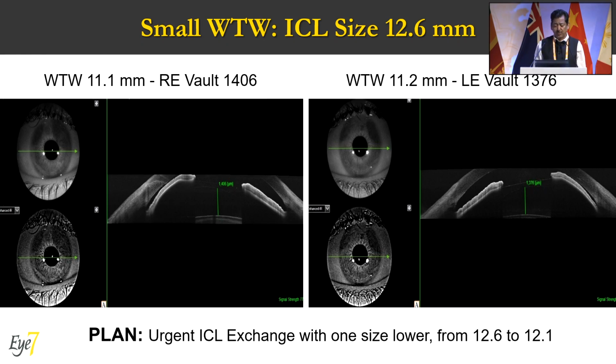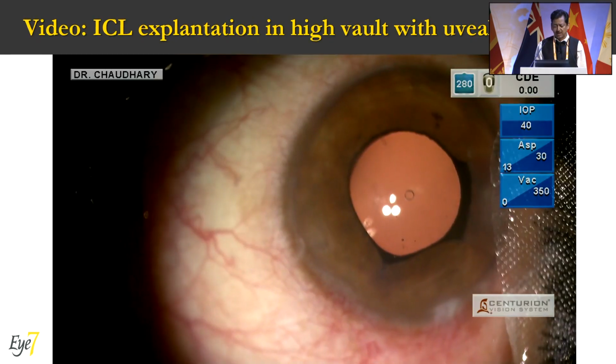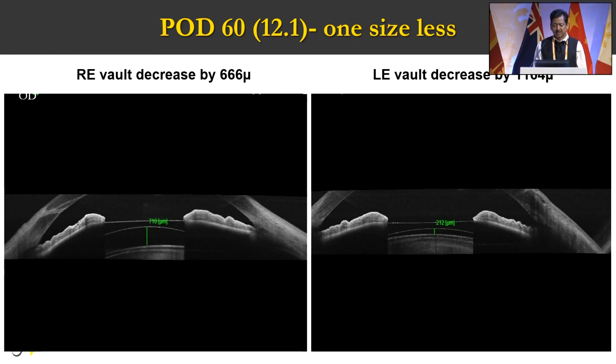So we said, okay, this warrants an urgent exchange. So we took out the lens and replaced it by one size lower, from 12.6 to 12.1, 12.7 to 12.1. And see what happened. The vault in the right eye became perfect and it came down by 666 microns.